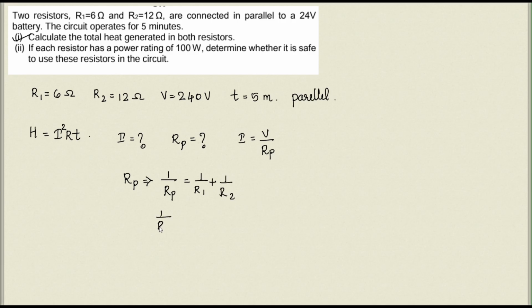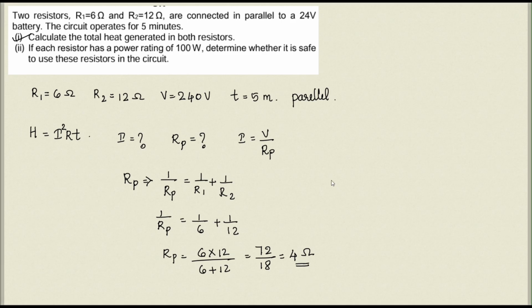That is 1 by Rp is equal to 1 by 6 plus 1 by 12. When you take Rp, it will be 6 into 12 by 6 plus 12. That would be 72 by 18, and that is 4 ohm. So 4 ohm is the total resistance of this particular circuit.